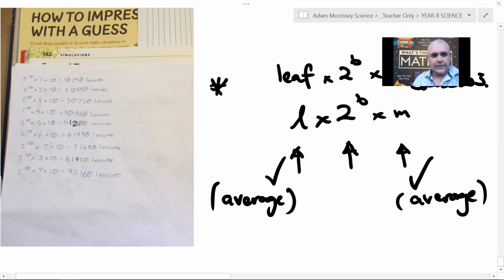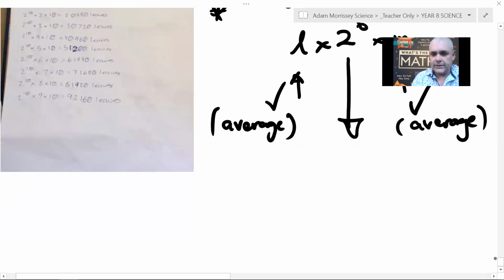He's thinking about what happens if I change the number of leaves? And yes, it does make a difference to the model, but the real action in this model, and the biggest source of error, comes from this middle bit here, which is really interesting, watching students play around with this.